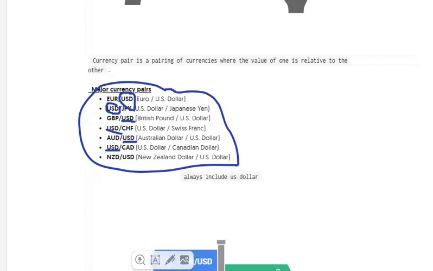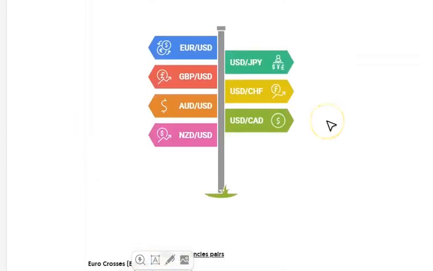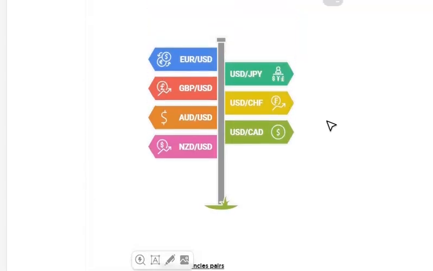So the conclusion is major currency pairs must include the US dollar as one of the currencies. As simple as that. I've just illustrated that major currency pairs must have what? USD, or the US dollar.